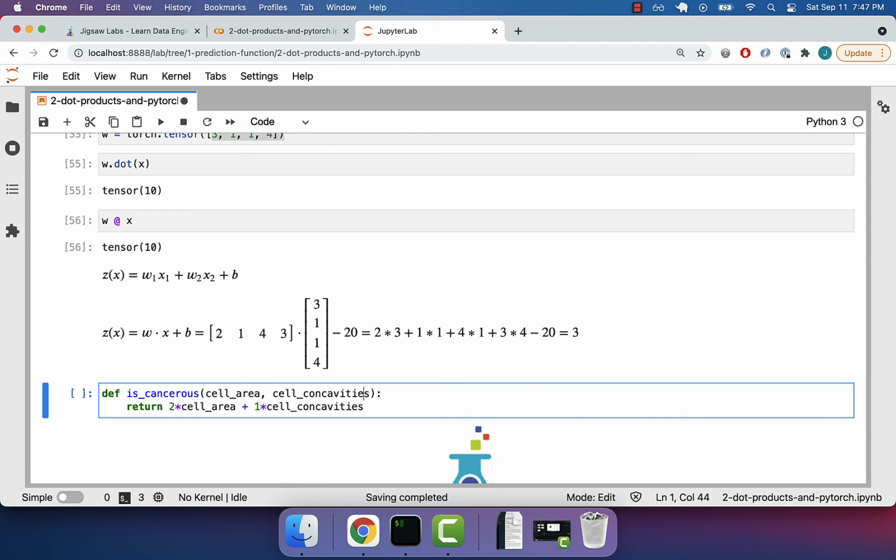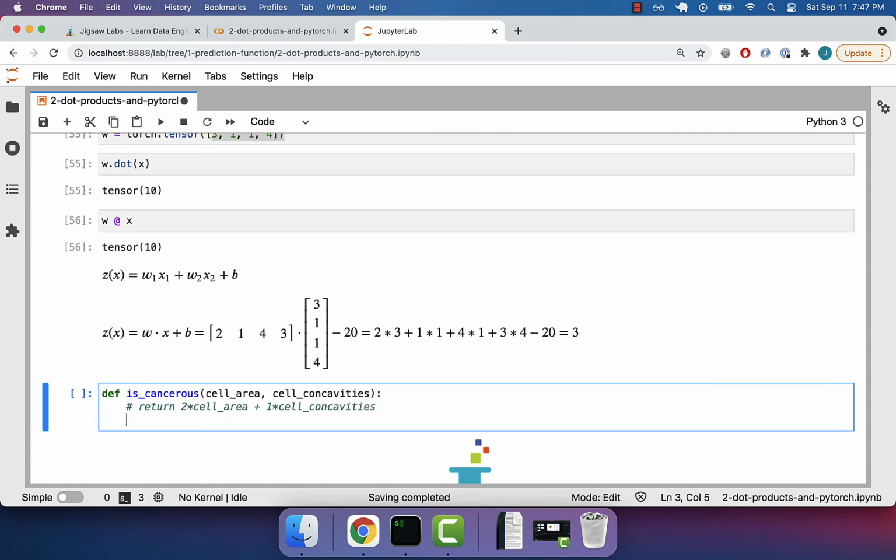Well, now we can rewrite this, whereas really this whole formula should be w dot x.